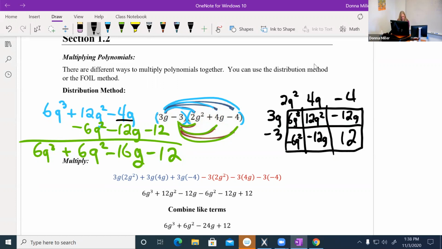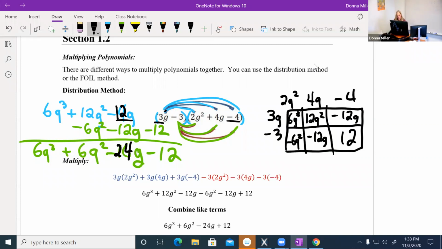It seems like it's here I messed up on. The third one is 3g times negative. How am I getting -4g? Oh, that's why. See my multiplication error here? So 3g times -4 is -12g. Oops, let me fix that. This should be a -24g. Okay, so I messed up.